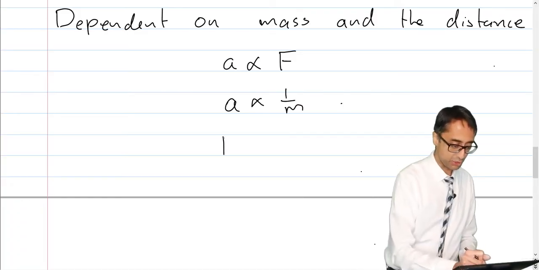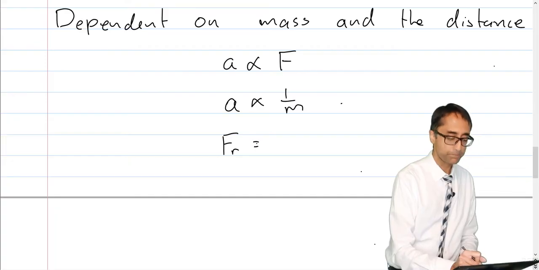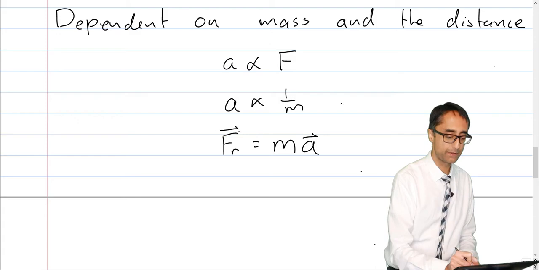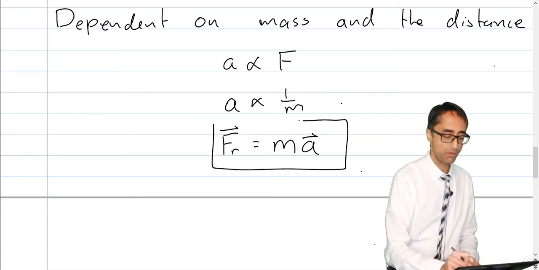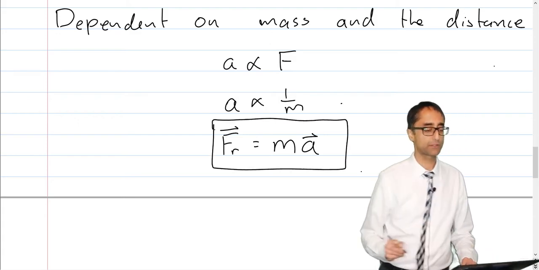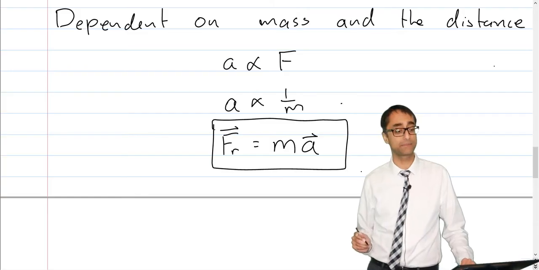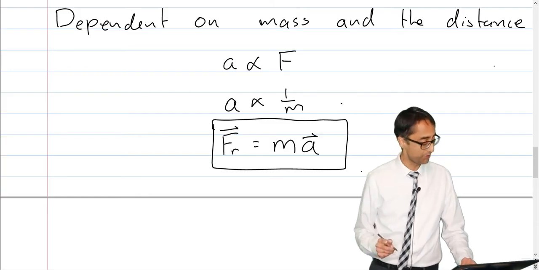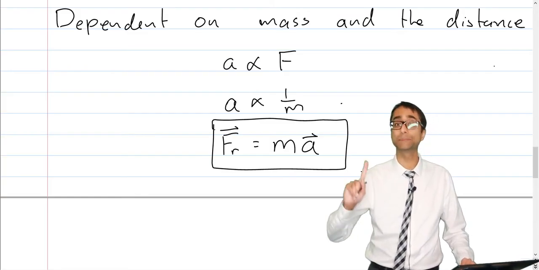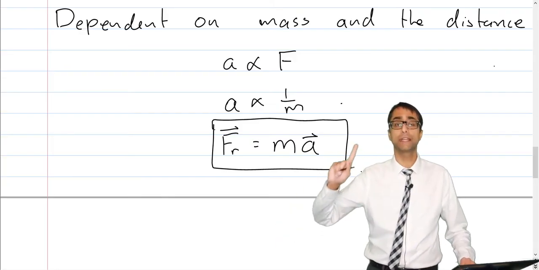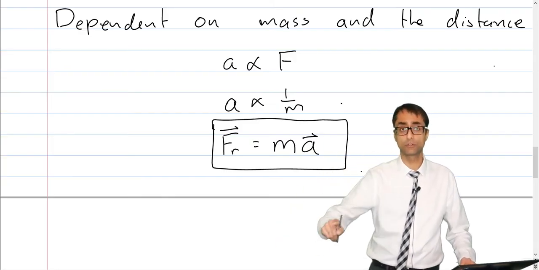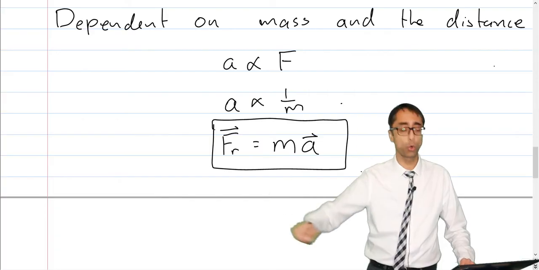This eventually leads to our first equation for forces, and the most important of them all, and that is F equals ma, or force vector equals mass times acceleration vector, where this F_R is not a specific type of force, it is the resultant force, it is the net force, it is the total force.